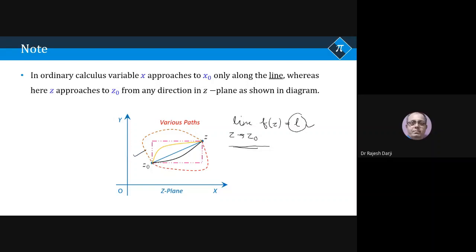Means whichever path you take, the value must be unique. If this exists, then you can say the limit exists. Otherwise, the limit does not exist. I think you proceeded the same way for the limit of a function of two variables, in which you obtain the limit along path 1, path 2. If both are equal, then you check another possibility, and so on. Similarly here.